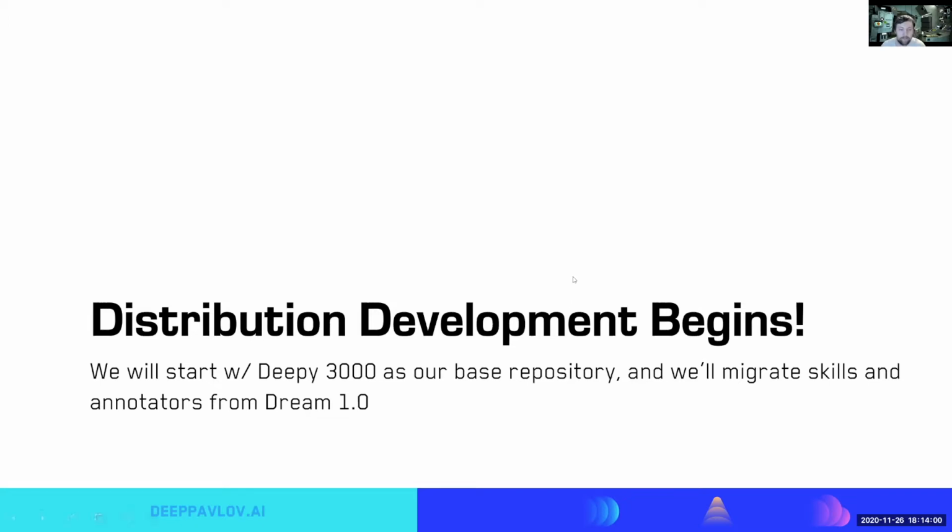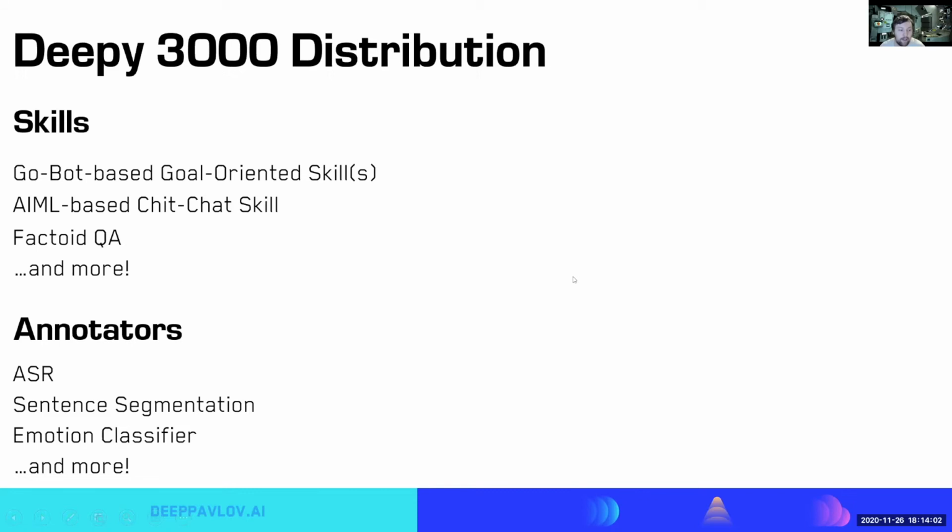What's going to happen in the repository? In the beginning, it will have our Go board-based, goal-oriented skill, maybe one, maybe several. This will depend on the speed at which we will continue development.